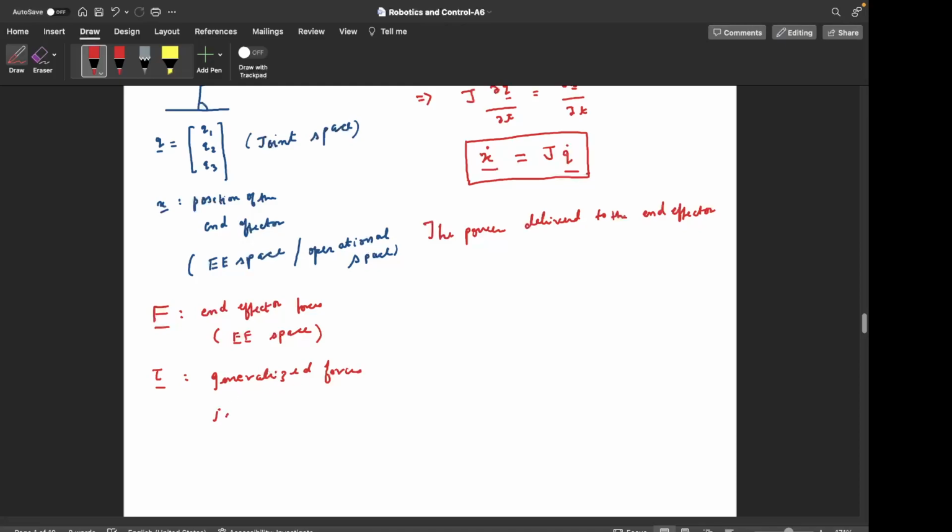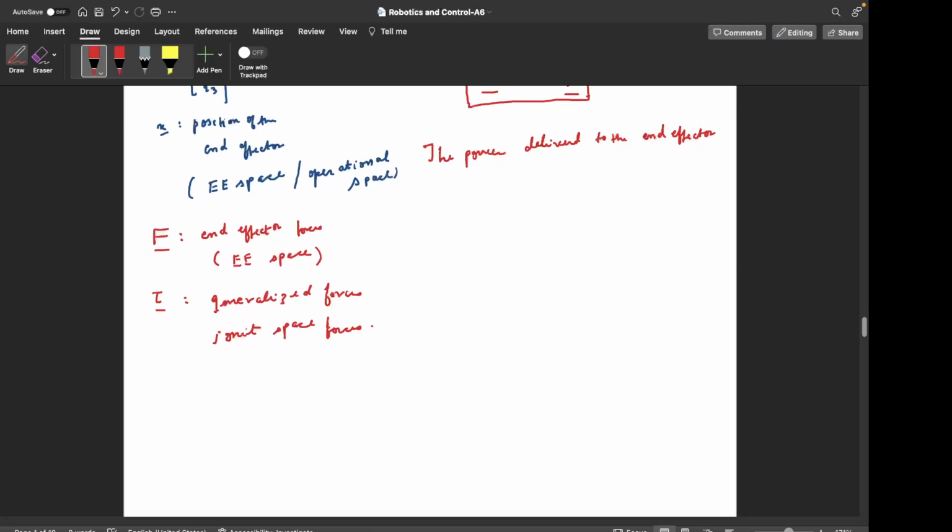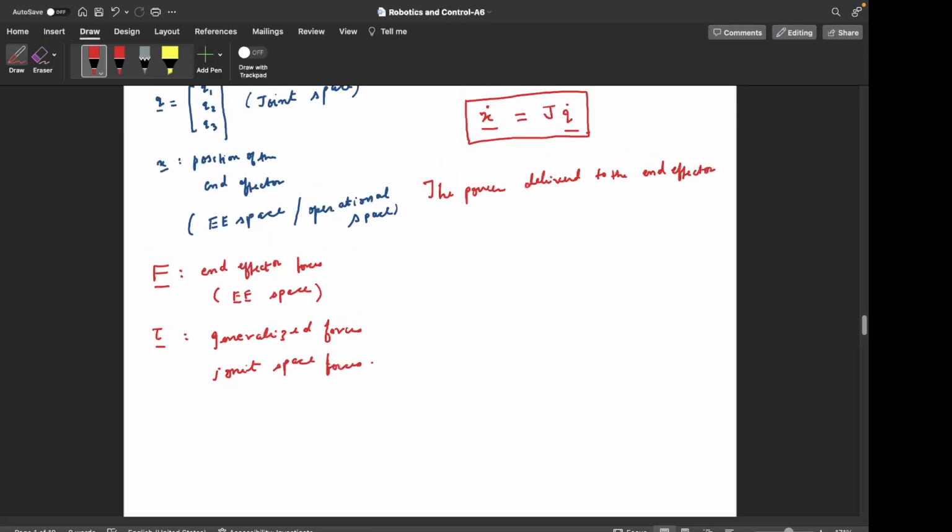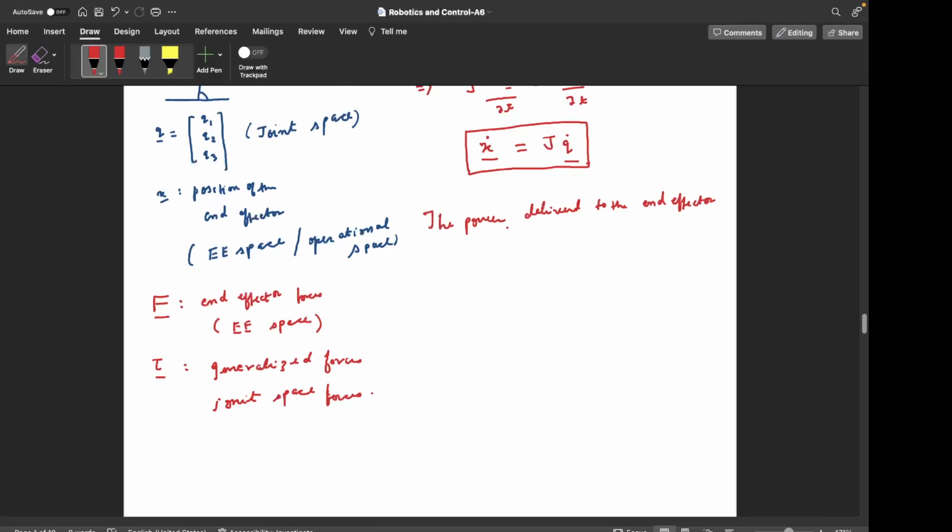You can also call it joint space forces, rather than calling it simply torque, right? Because you would imagine that torques are being applied to the joints. So we would write the power delivered to the end effector in terms of both these quantities separately.